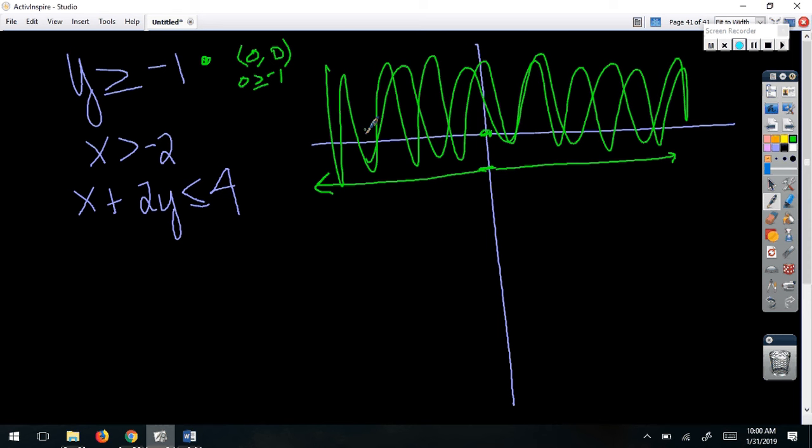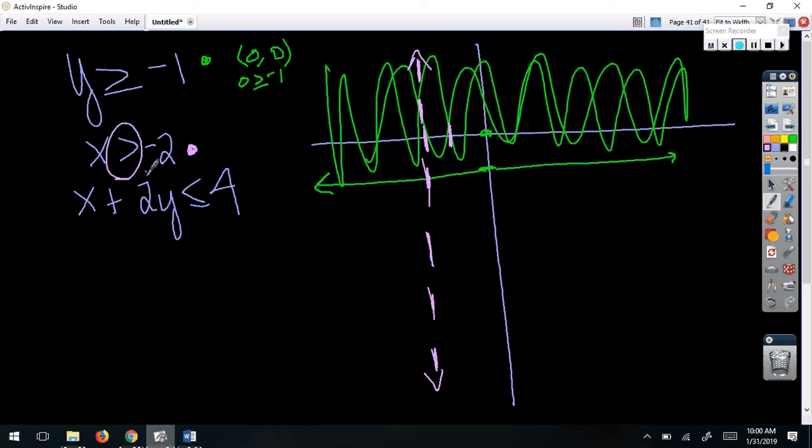Keep watching. x is -2. That's a vertical line. Yep, I go to -2. This one's dashed this time, because it's just greater than, not greater than or equal to.